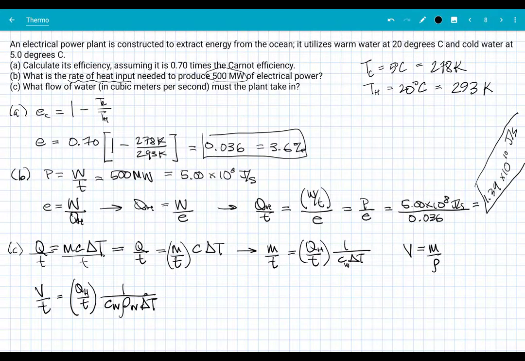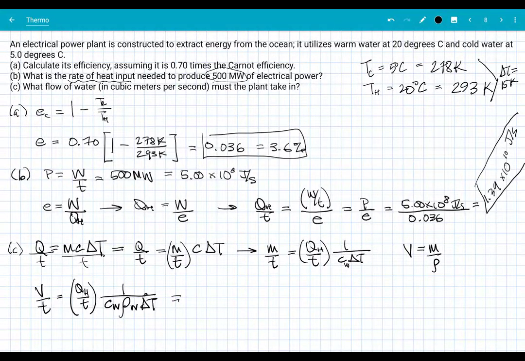Okay, so all we need to do now is sub in our values for these things. The QH over T I solved for in part B. You can look up the specific heat of water and the density of water. The change in temperature, we can look at our temperatures here, is 15 kelvins.